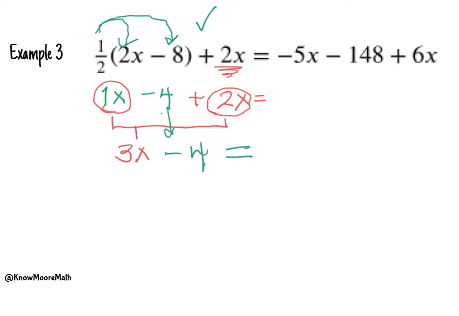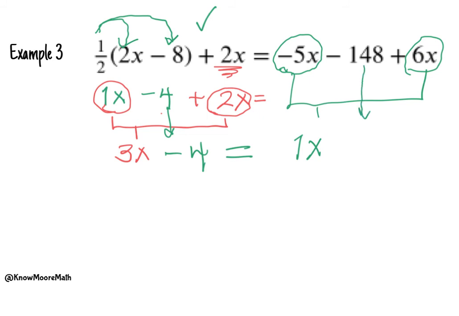So I see here, I don't have to use the distributive property because there's no parentheses, but I do have like terms. So this negative 5x and this positive 6x, when I combine them, I'm going to get positive 1x. And since negative 148 doesn't have any other constant to combine with, I'm just going to bring that down.